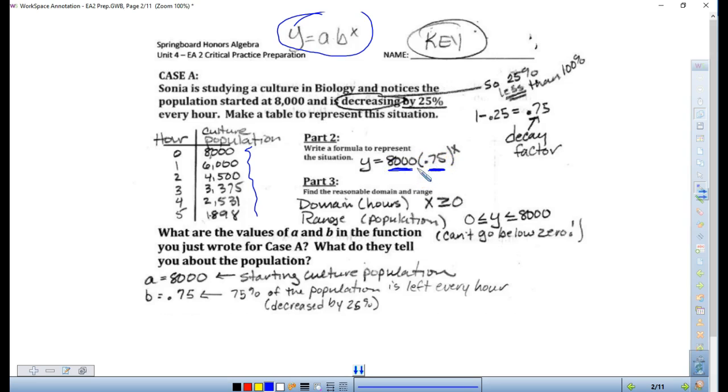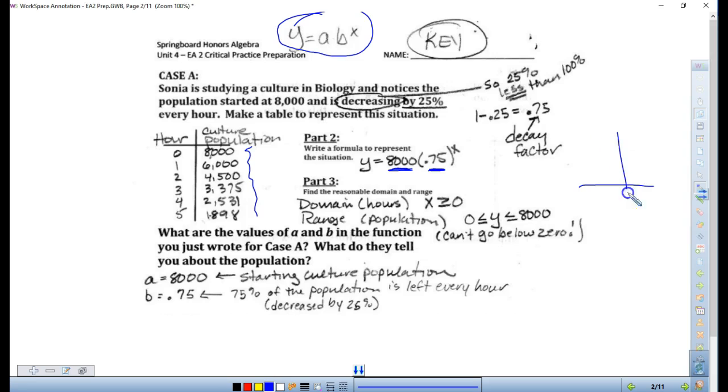So for the domain and range, we know that the domain is hours, and it starts at 0 and goes up. So that's fine. The range is the culture population. Now, we know it can't go below 0. Technically, we know that an exponential function will never actually reach 0.